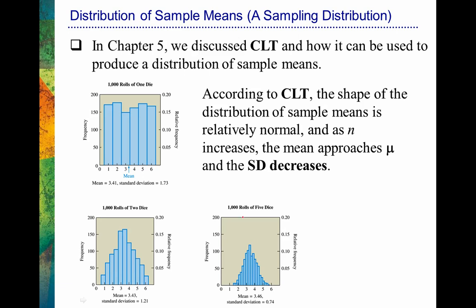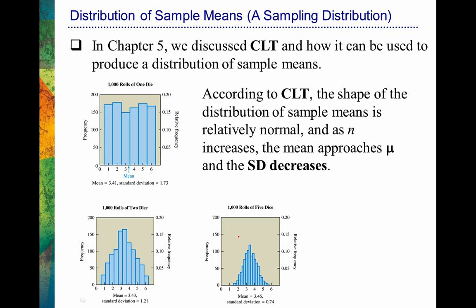This now is a distribution of sample means based on taking 5 dice and rolling them at one time. So our n is increasing. And we can see here that the mean of this distribution of sample means is coming closer now to that true mean from the population of 3.5. And we can also see that this standard deviation, also known as the standard error of the mean, is getting lower.